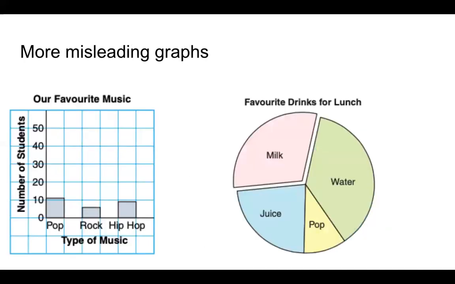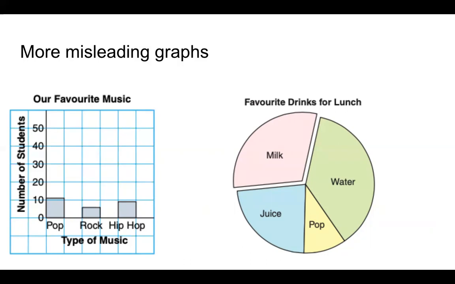And the last one, the one on the left, is a good representation. However, the scaling on the left side does not need to go that high. You could have your range between 0 and 20, and you'd get a better representation of the number of students that like that music. You don't have to go all the way up to 50.